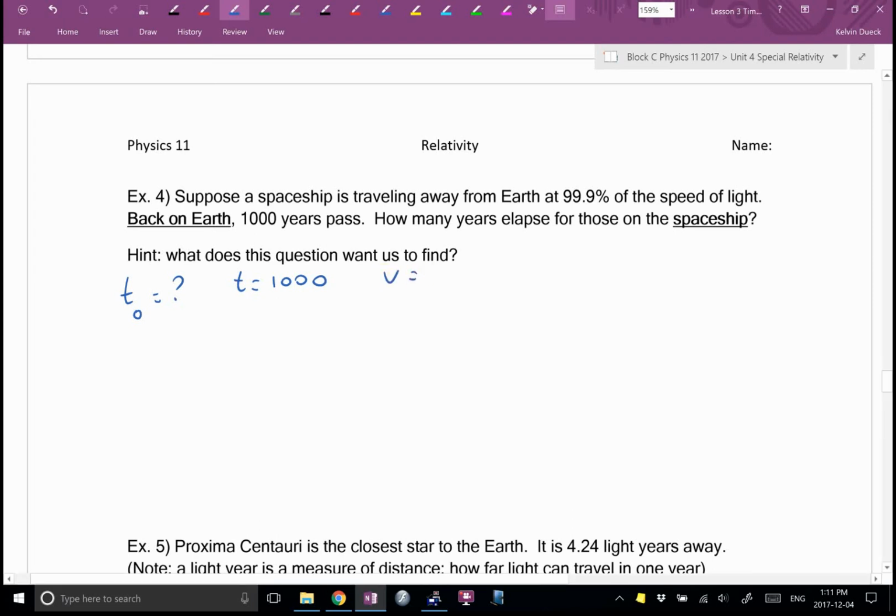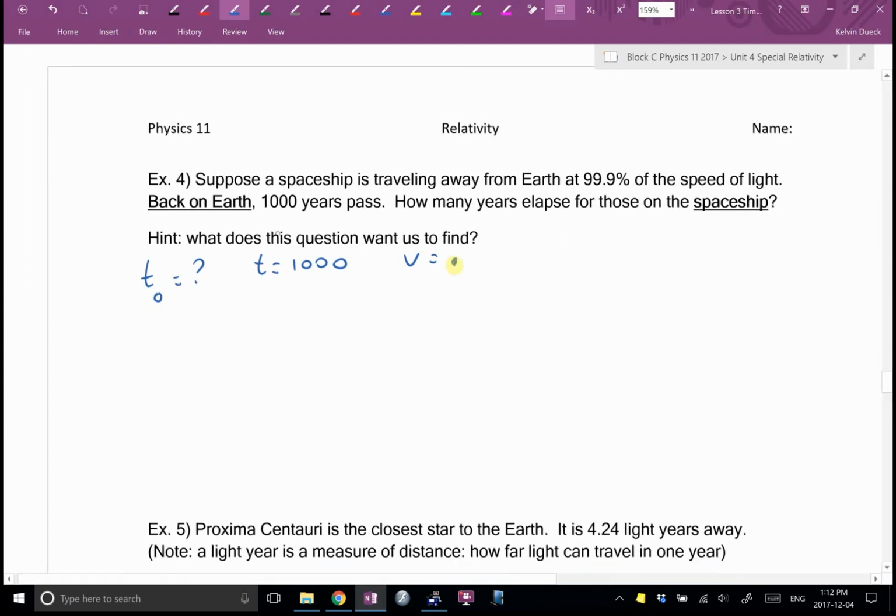How do I change 99.9 from a percent to a decimal? 0.099? What's 100% as a decimal? Oh boy, okay. So you need to review your Math 8. If you want to do this the long way, to go from a percent to a decimal, you divide by 100. But I want to pretend most of you can look at 99.9 and realize it's 0.999. Of, what does of mean? Times the speed of light.